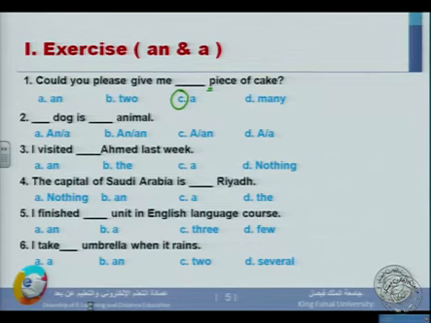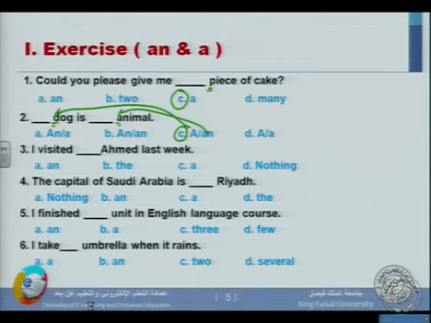Look at number 2. Dog is animal. Dog starts with D, and animal starts with A, and this should be: a dog is an animal, because a goes with D, and an goes with the vowel A.